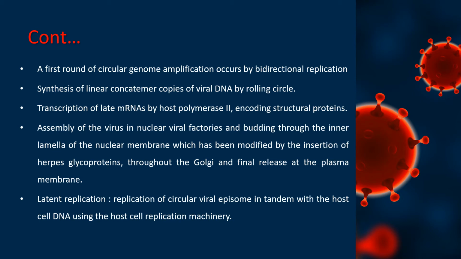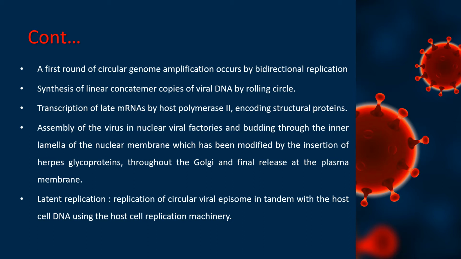The first round of circular DNA amplification occurs by bidirectional replication, and the replication of the double stranded DNA occurs in concatameric copies by the rolling circle model of replication. Then the late mRNAs are transcribed and code for structural proteins.